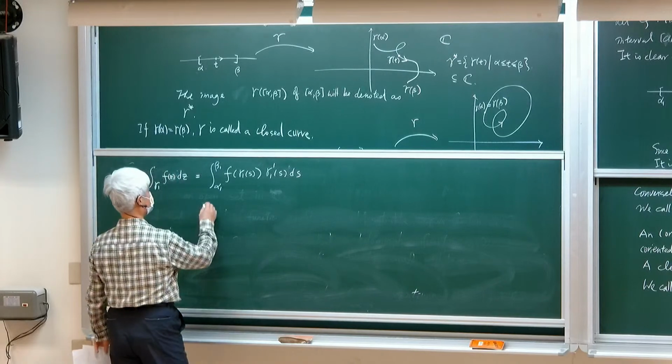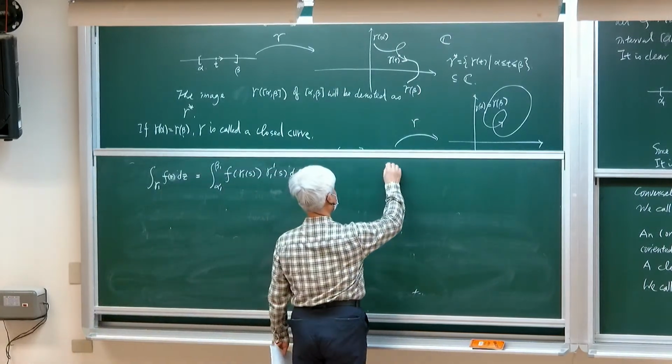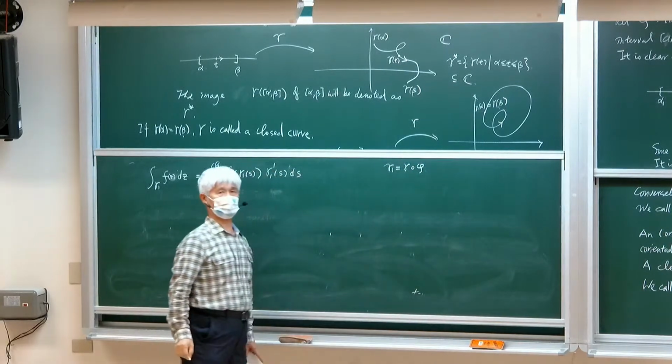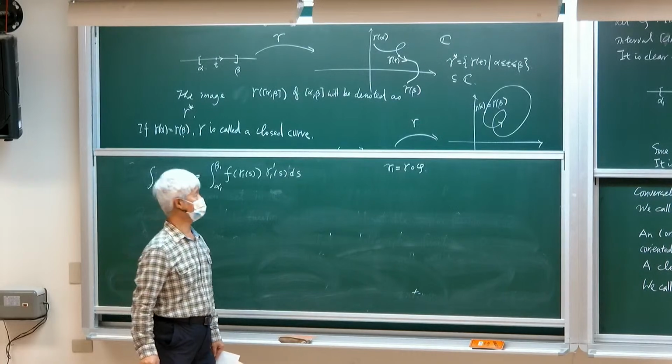But as we know, gamma 1 is gamma composed with phi bar.